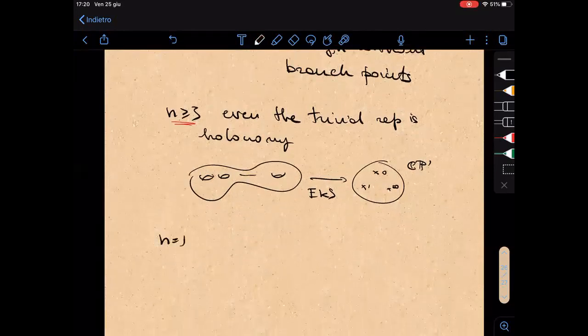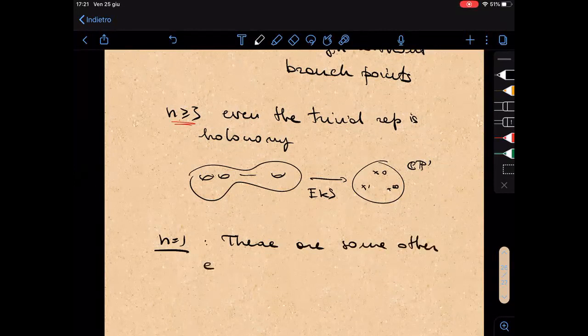For n equal to 1, there are some other exceptions.